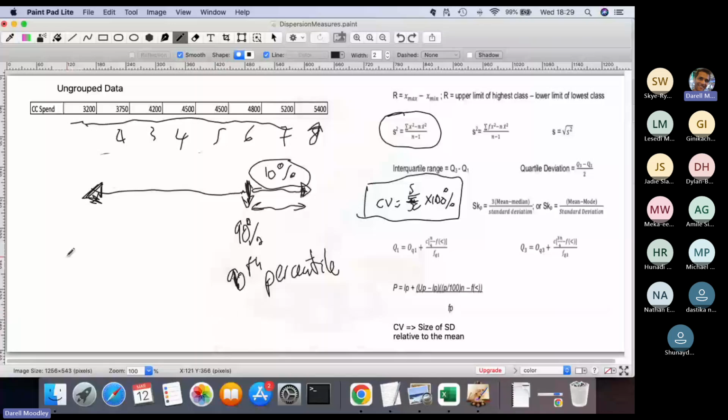There's special percentiles that we give a special name to. When it's the 25th percentile, or 25%, in other words, a quarter, the 25th percentile is the first quartile. It's the same thing as the first quartile. In other words, the first quarter.